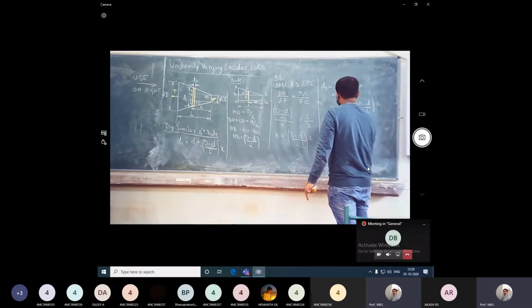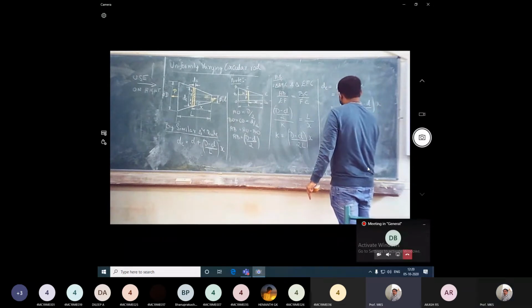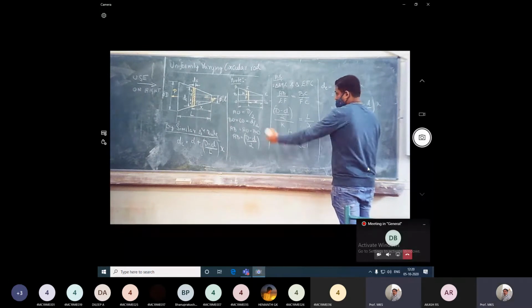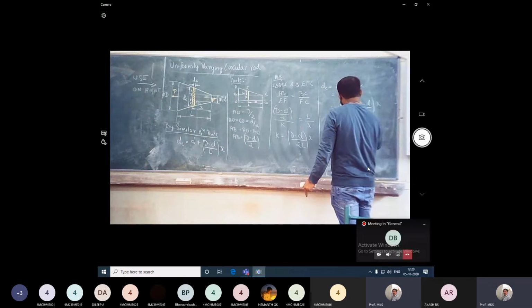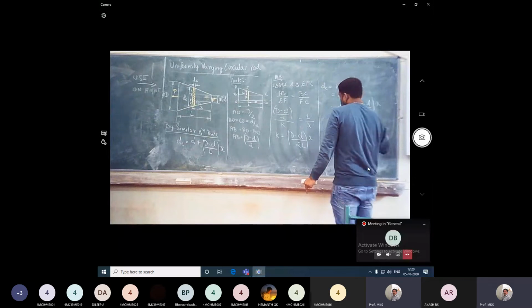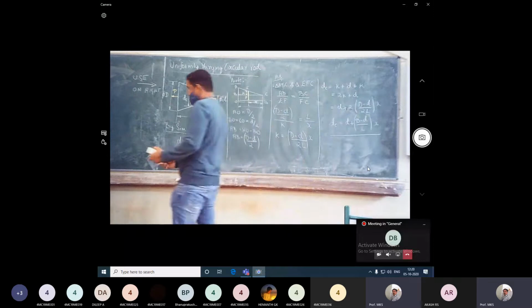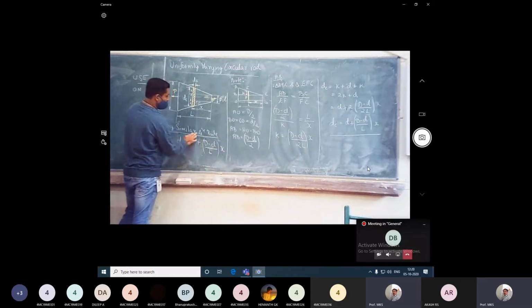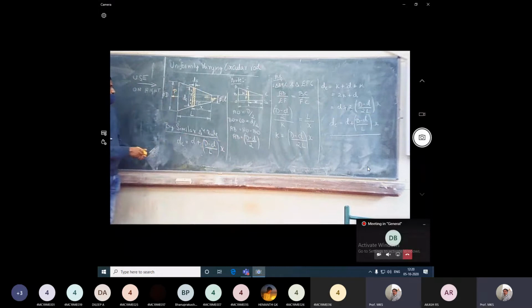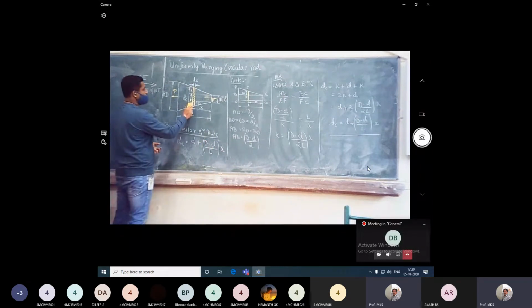So you will be remaining with dE equal to the final expression, d plus (D minus d) by L into x. This is how you got this by similar triangle rules, right? You can directly write it, this is just for your understanding. In all the books, they have directly taken it.